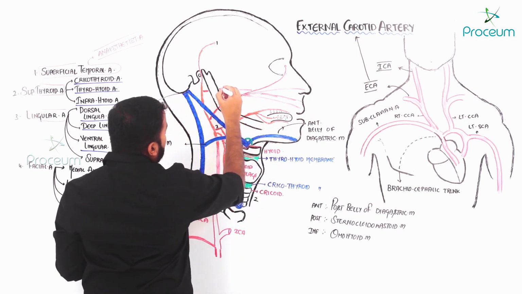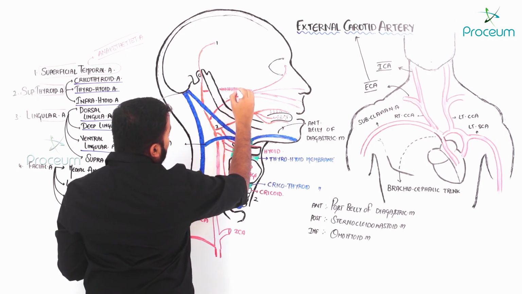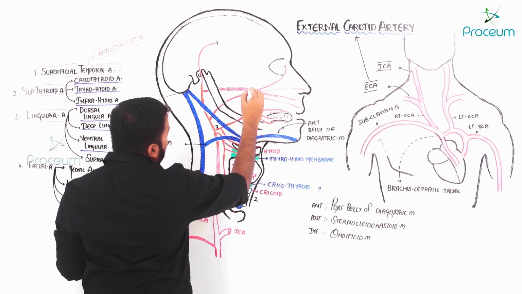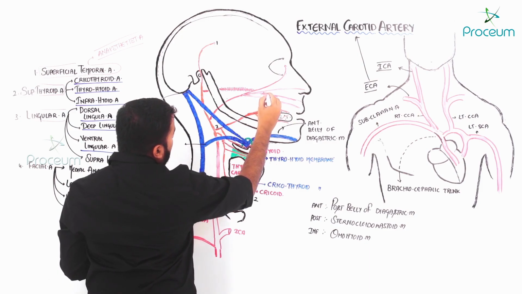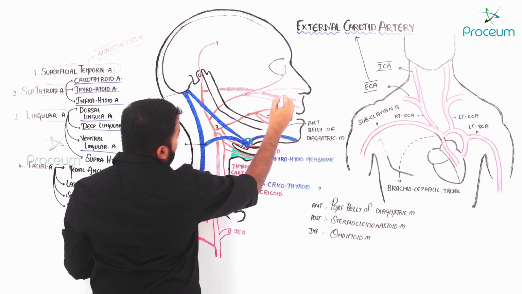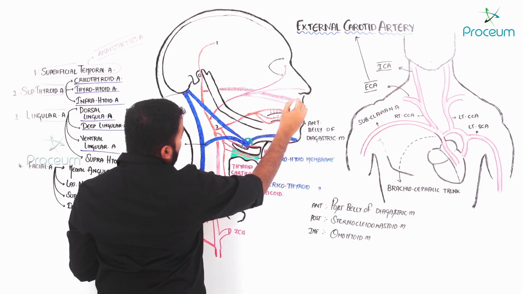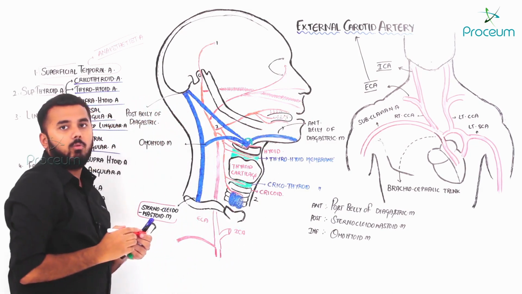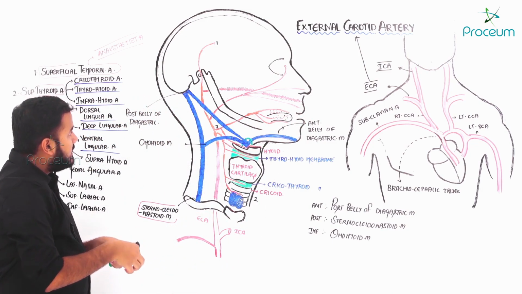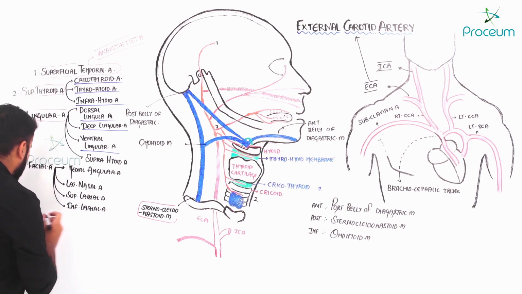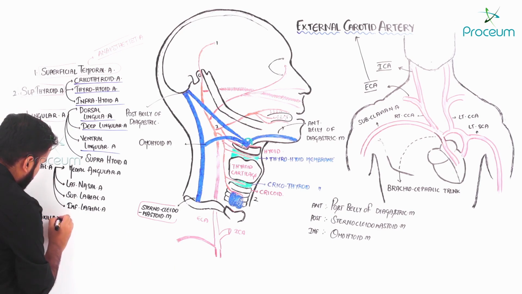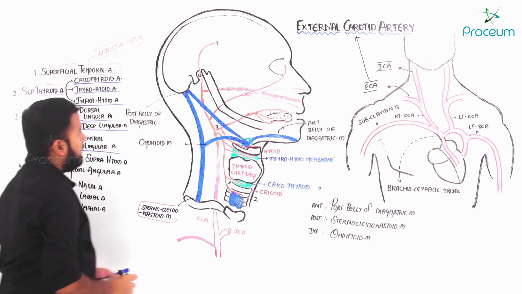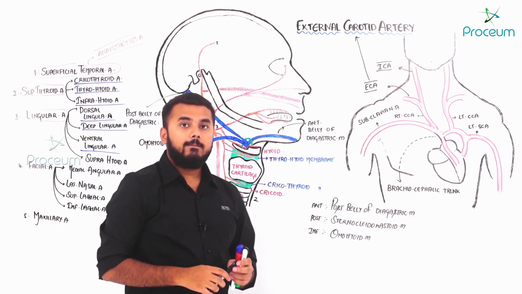This is a major branch, and it is supplying your maxilla in this way. So I call this artery the maxillary artery. Artery number 5 is called the maxillary artery.